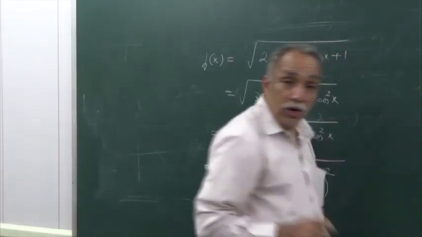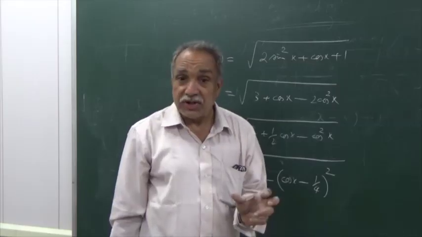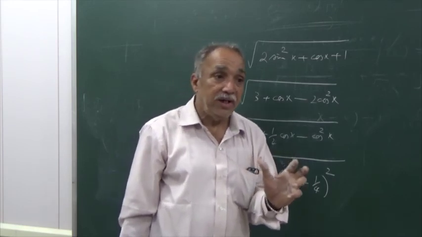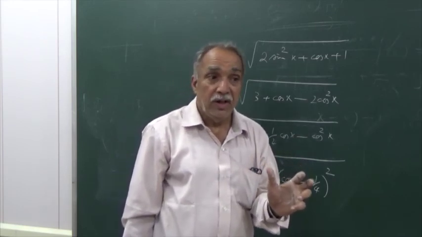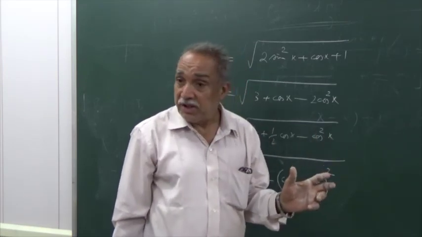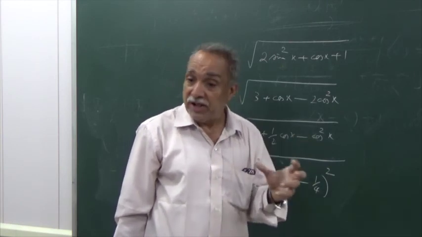Is this always a number between minus 1 and 3 by 2? Is cos x, without any restriction, taking a value between minus 1 and 3 by 2? Yes, it is well within that interval, it is between minus 1 and 1.